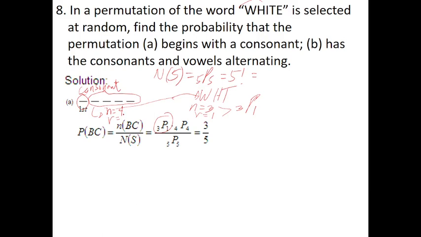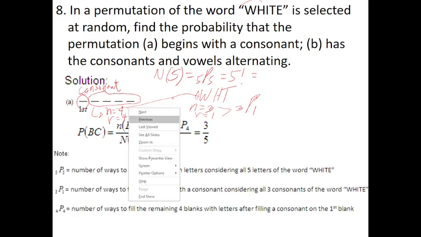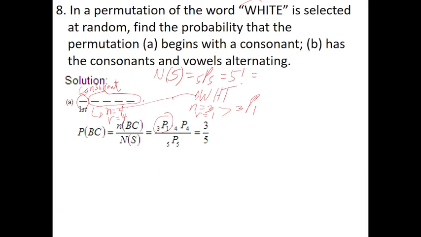Okay, so 4P4. Okay? So ito, bilang ng lahat ng pwedeng ma-arrange, 5P5. So 3/5. So that's the answer.